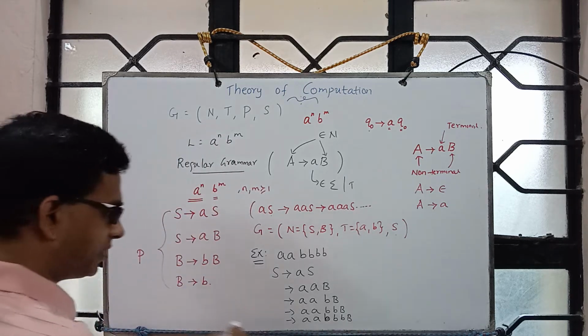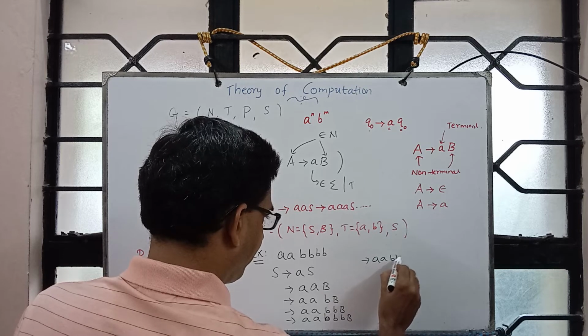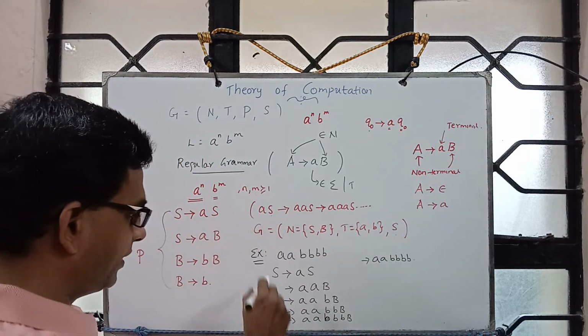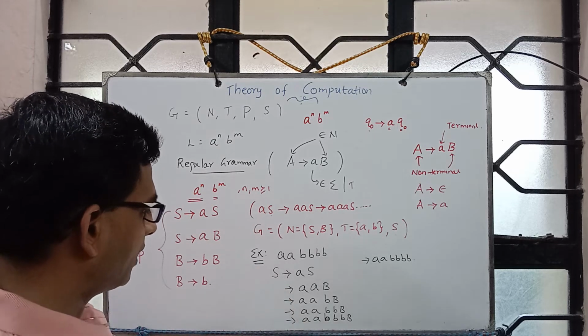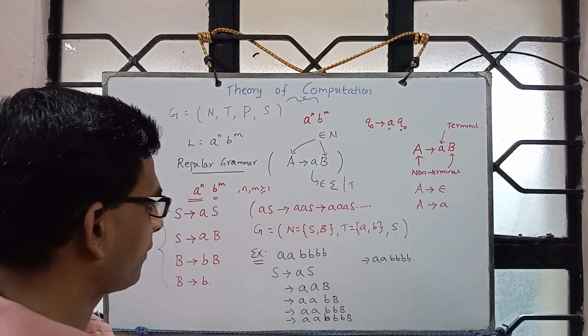Then finally I use this. So this is precisely the derivation for the string a square b power 4.